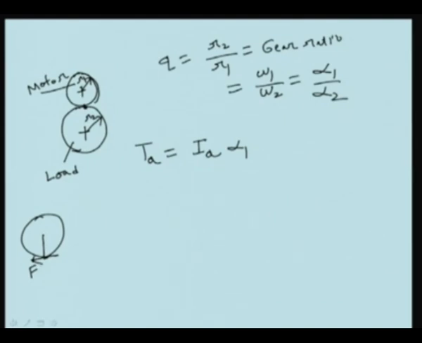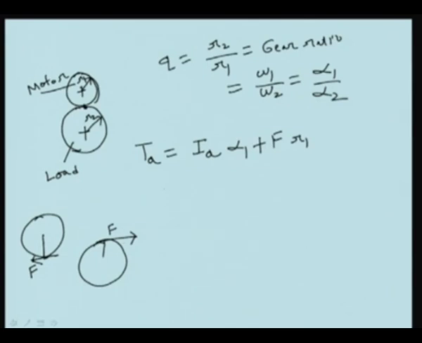So that thing is given by F into R1. You have to overcome that also, so we have to apply that F R1. Now similarly for the other gear, F is the force applied by the pinion.